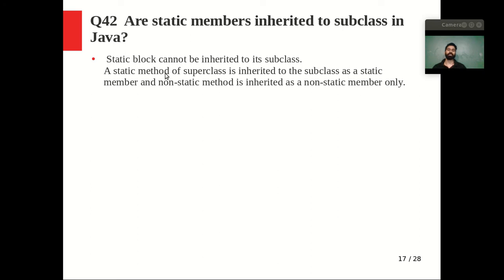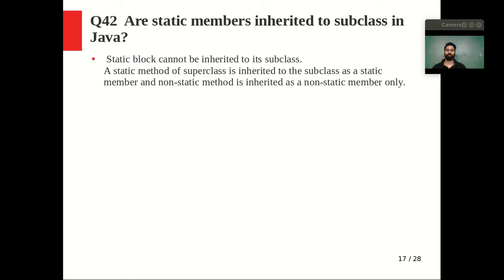A static method of a superclass is inherited to the subclass as a static member, and a non-static method is inherited as a non-static member only. So a static block cannot be inherited, but a static method or a static variable can be inherited to a subclass, right?